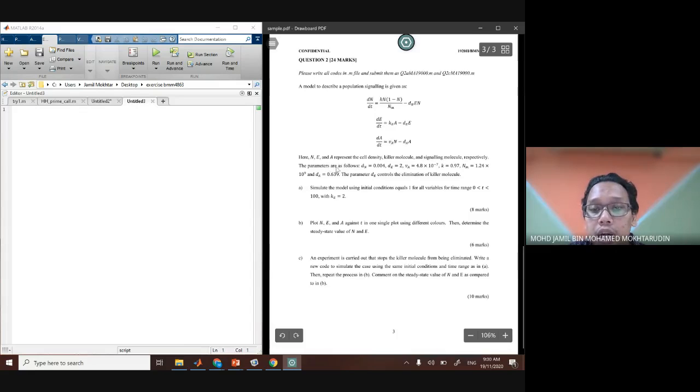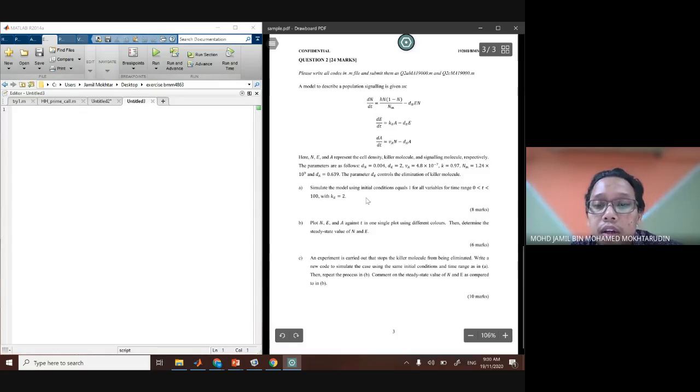The parameters are as follows: DN 0.004, DE equals 2, PA equals 4.8 times 10 power minus 7, K equals 0.97, and M equals 1.24 times 10 to the power of 9, and EA 0.639. And then dia kata the parameter KE controls the elimination of killer molecule.